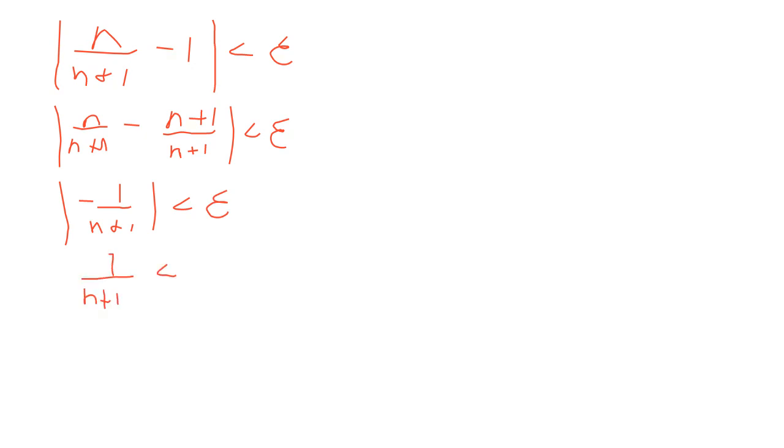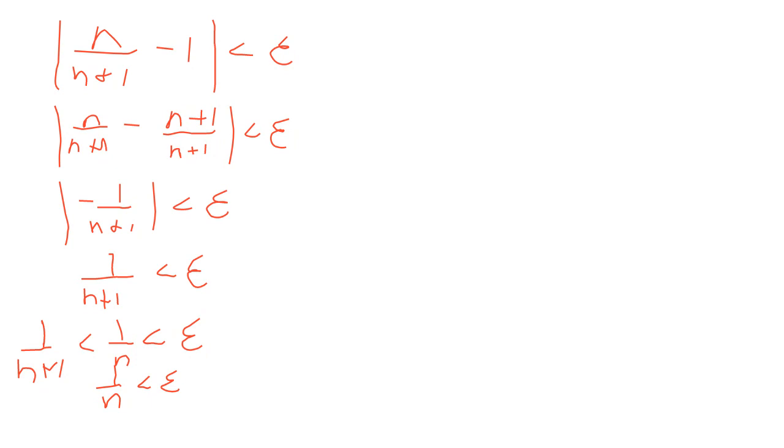But since 1 over n plus 1 is less than 1 over n, we can just work with 1 over n less than epsilon instead. Because if 1 over n is less than epsilon, then 1 over n plus 1 must be less than epsilon as well.